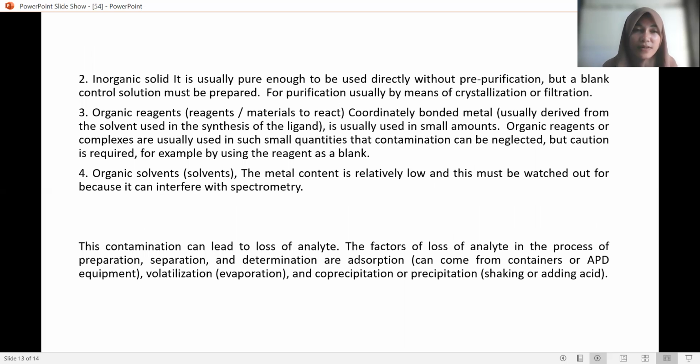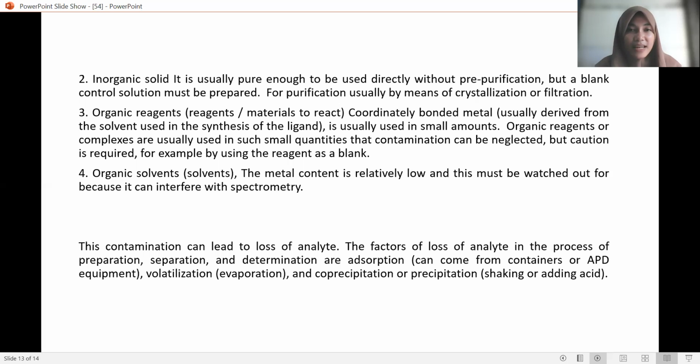2. Inorganic solids. It is easy for them to be used directly without purification, but a blank control solution must be prepared; purification is easily done by means of crystallization or filtration. 3. Organic reagents.